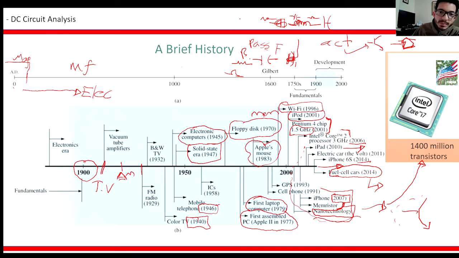Diodes are passive elements. But mostly transistors and amplifiers are active elements. And there are a bunch of different types of transistors and a bunch of different types of amplifiers.